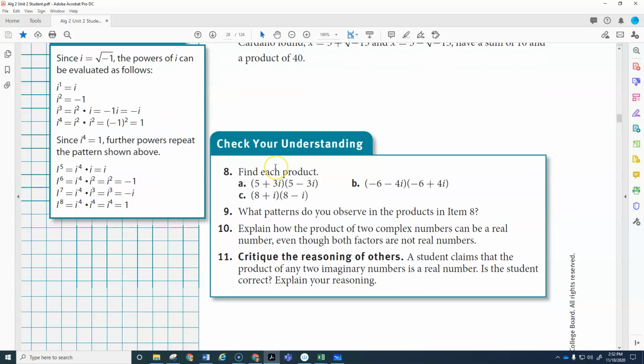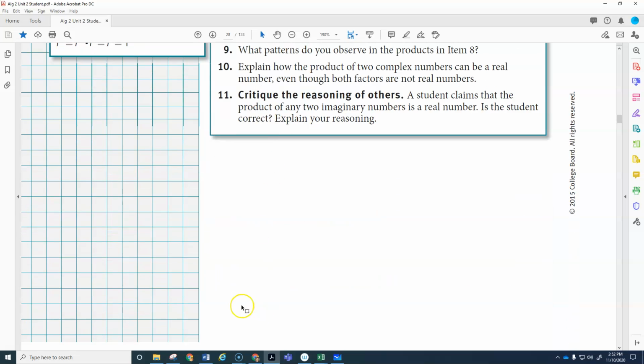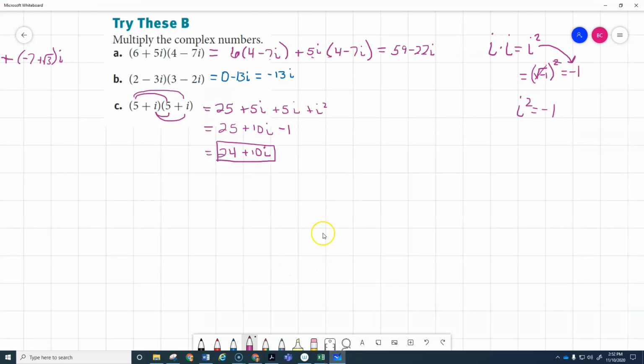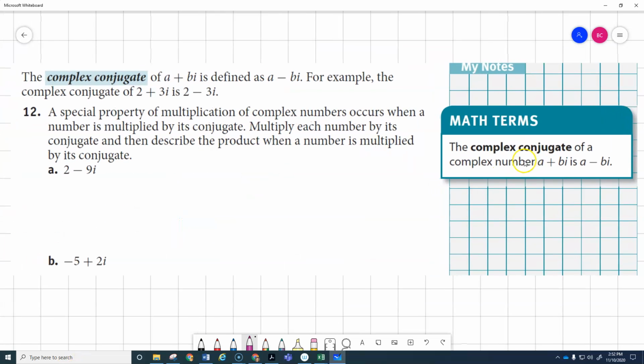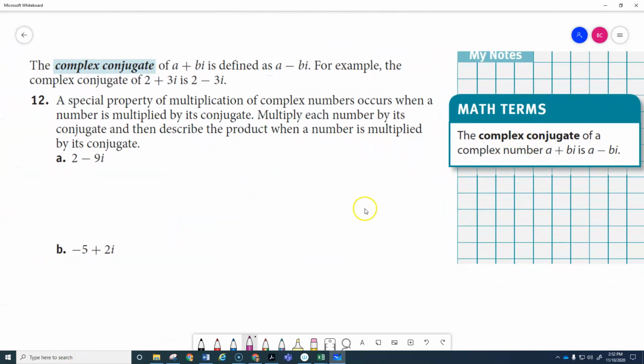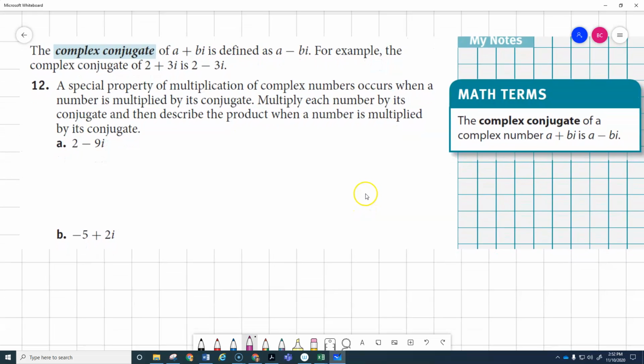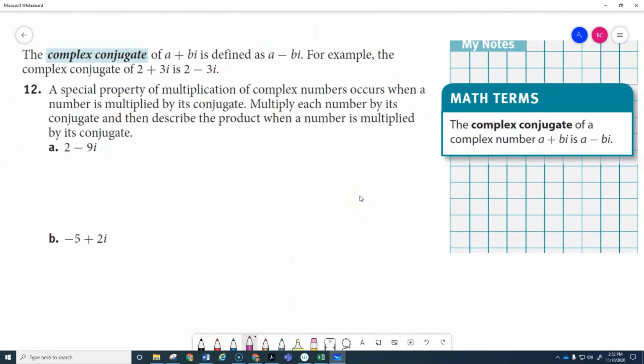Okay, so the next thing we have to do is learn how to divide, but before we learn how to divide, I have to give you a vocabulary word, and the vocabulary word is complex conjugate. The complex part, we know what that means: we're dealing with a plus bi.